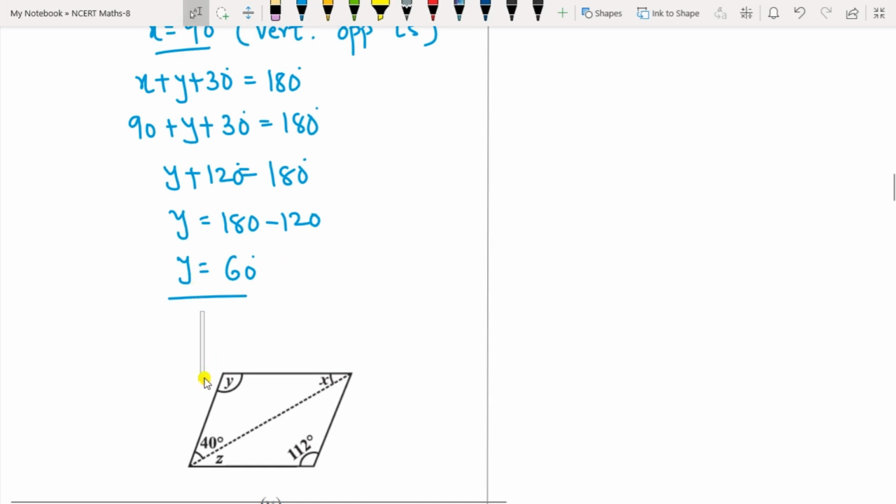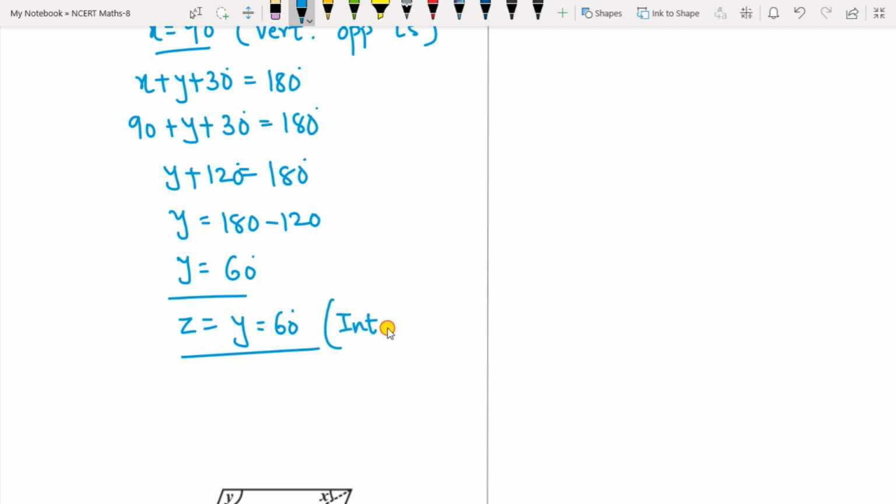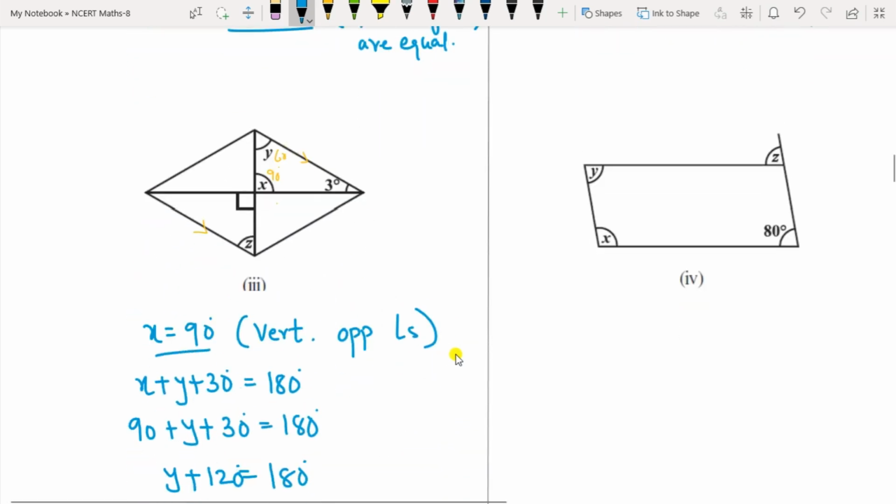It forms the shape of a Z. So here you have to write z equal to y equal to 60, that is interior alternate angles. Got it? So this was all about question number 3.